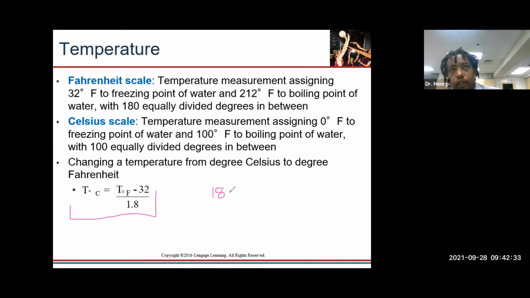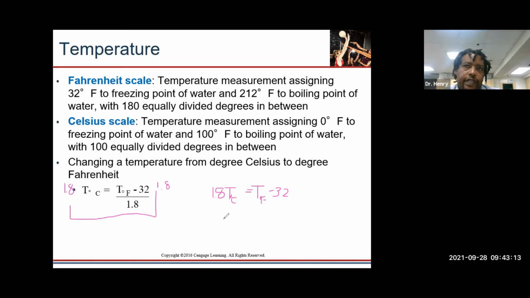So multiply both sides by 1.8. That 1.8 is going to cancel out here. So then we get TF minus 32 equals 1.8 times TC.